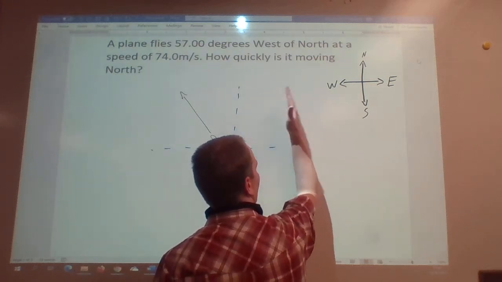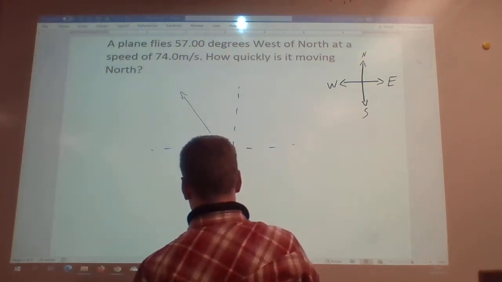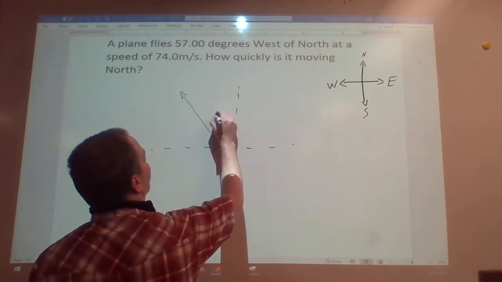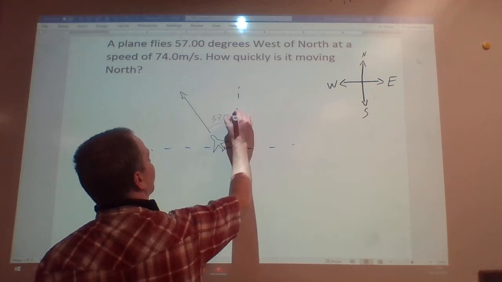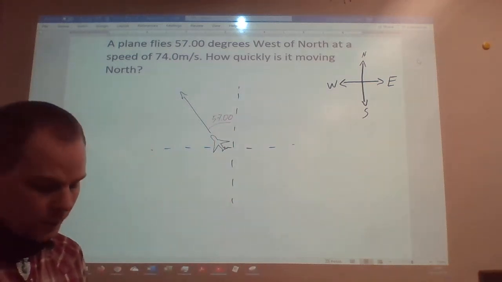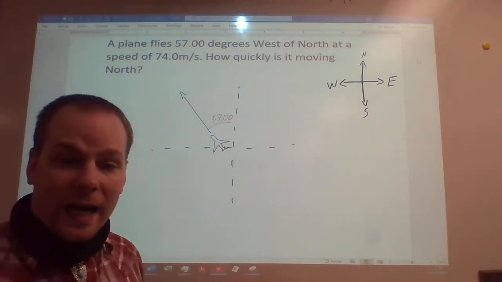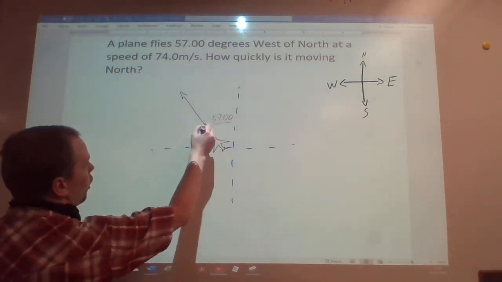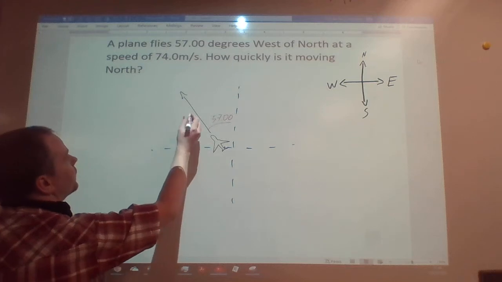This angle is the angle that we know, so this has to be our 57.00, while the actual initial velocity is going to be along this arrow that it gave us.